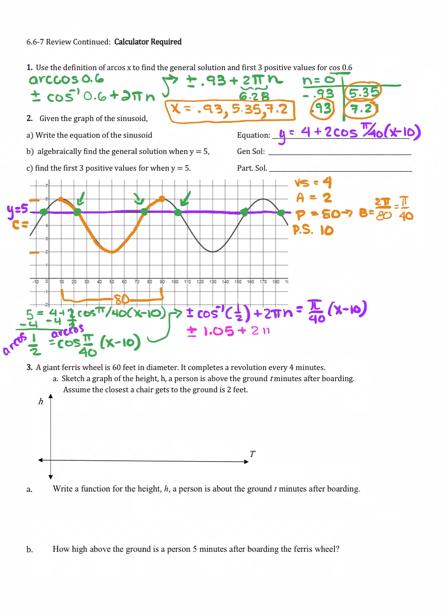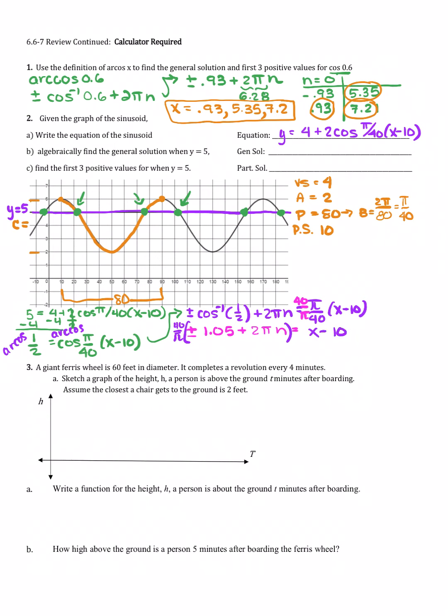plus 2 pi n. And then we are going to be multiplying by 40 over pi. So 40 over pi gets distributed, so that would then equal x minus 10.